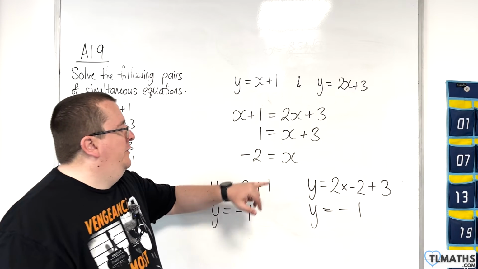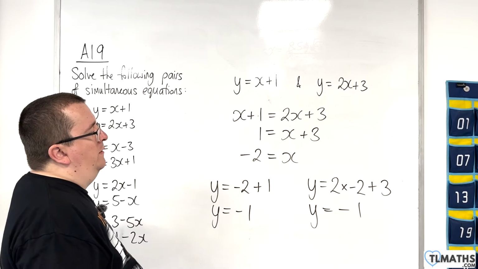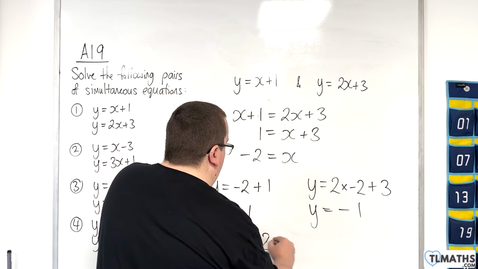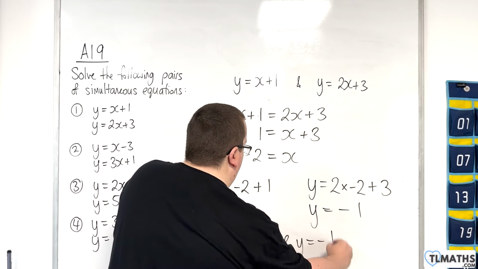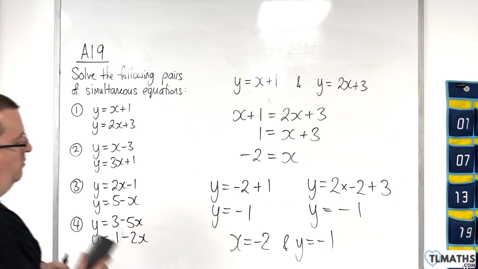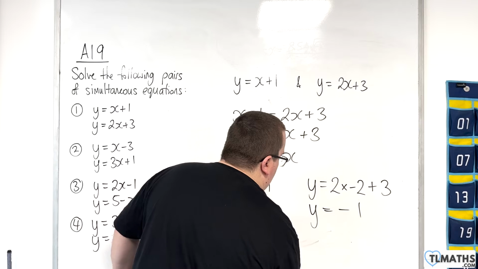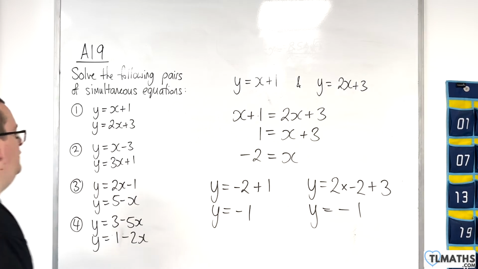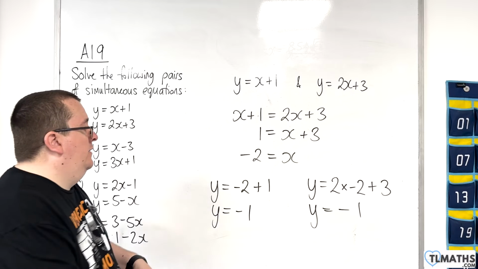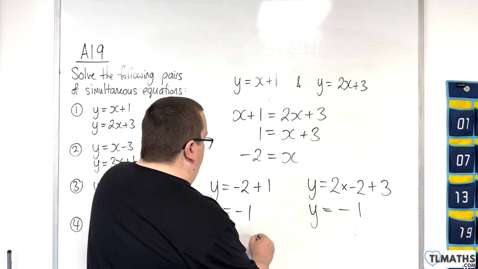So x is equal to minus 2, y is equal to minus 1. Some people would like you to just write your answer like that. Or, if the scenario desires it, if you're looking at where the two graphs intersect, then you can write your answer down as coordinates.